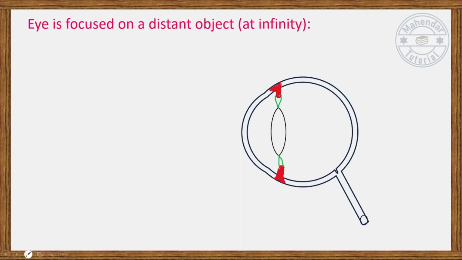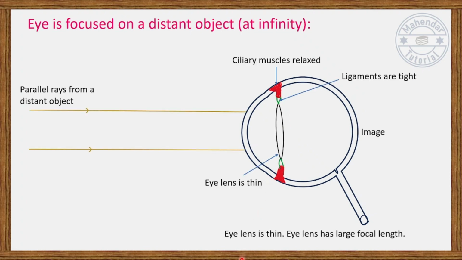Now you can see an eye is focused on a distant object. It means at infinity, a far object. So this is the eye and this is the eye lens, and this red color one is ciliary muscles and this green color one is ligaments. In this case, the rays which are coming from far objects, here you can see the ciliary muscles are relaxed.